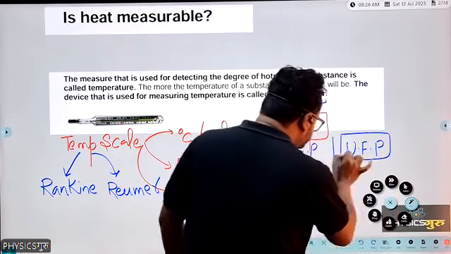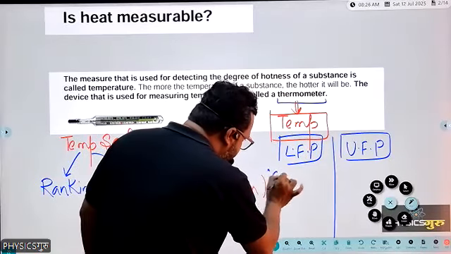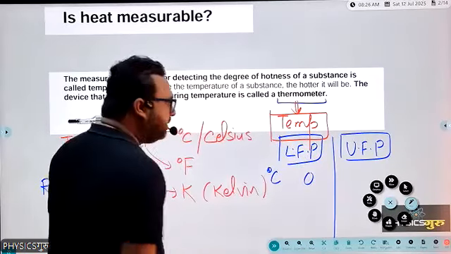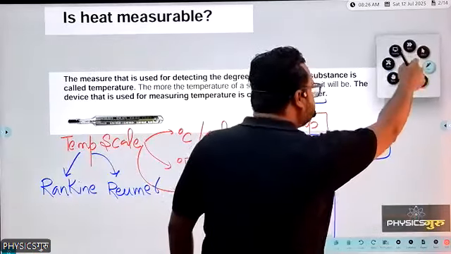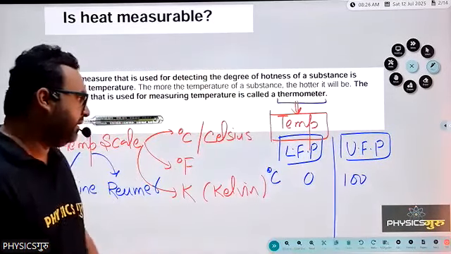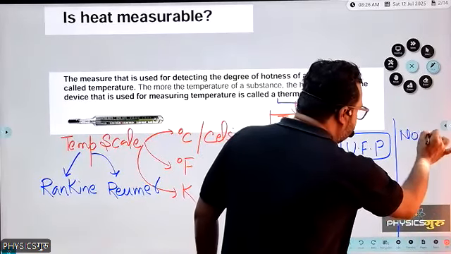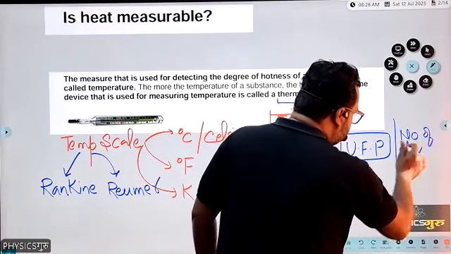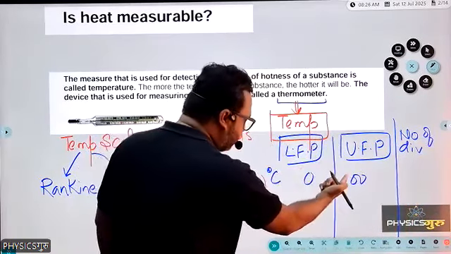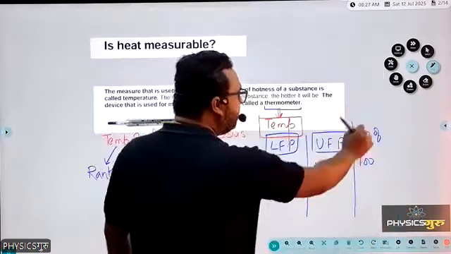For degree centigrade, LFP is 0 degrees and the upper fixed point is 100. The number of divisions on the scale is the upper fixed point minus the lower fixed point, so 100 minus 0 is 100.